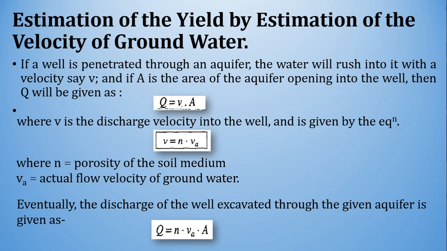Eventually, the discharge of well excavated through the given aquifer is given as Q = n × Va × A.